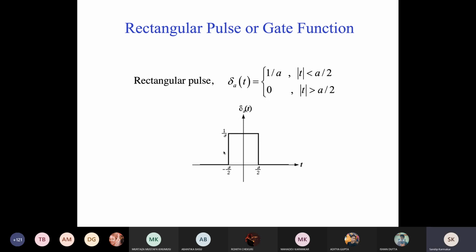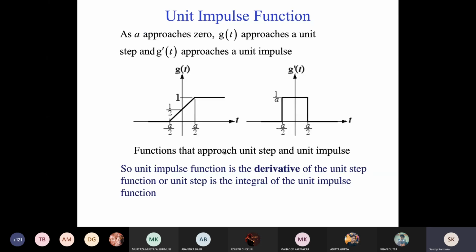Okay. Now comes the unit impulse function. As A approaches 0, g(t) approaches a unit step and g dash t approaches a unit impulse. These are functions that approach the unit step and unit impulse.